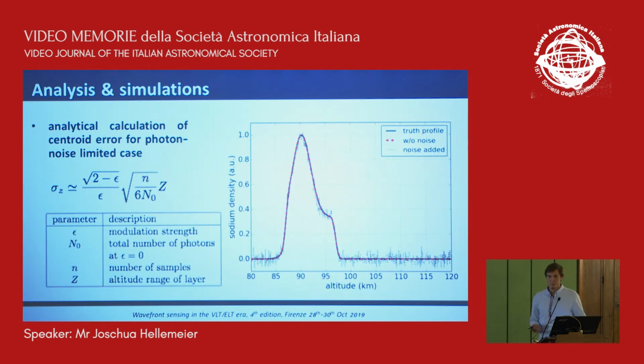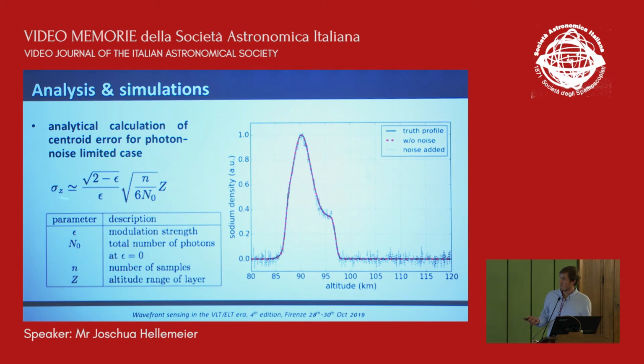So we ran a study on how feasible this method is on extremely large telescopes. We did an analytical calculation and ran numerical simulations at the same time. For the error, the analytical calculation comes up with this formula.